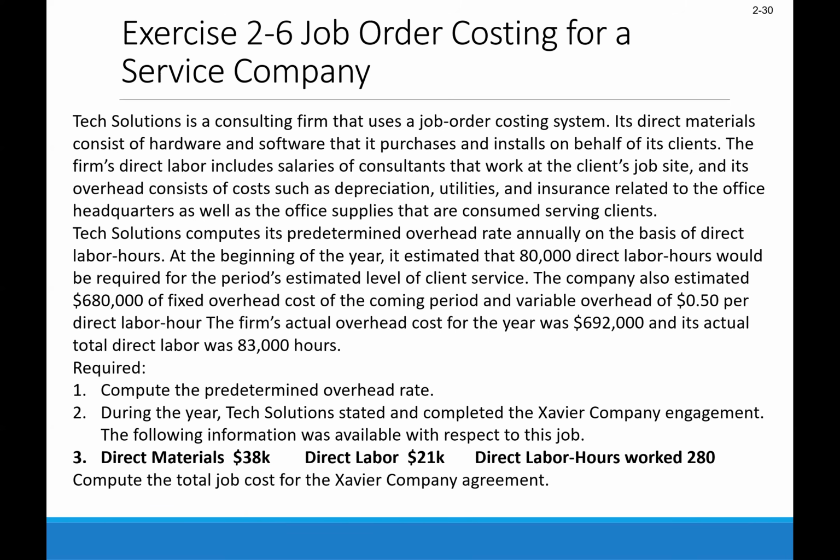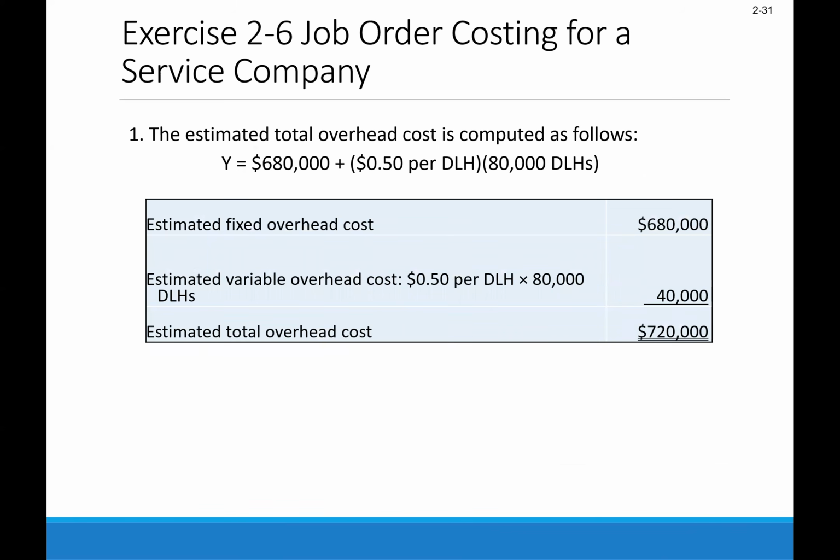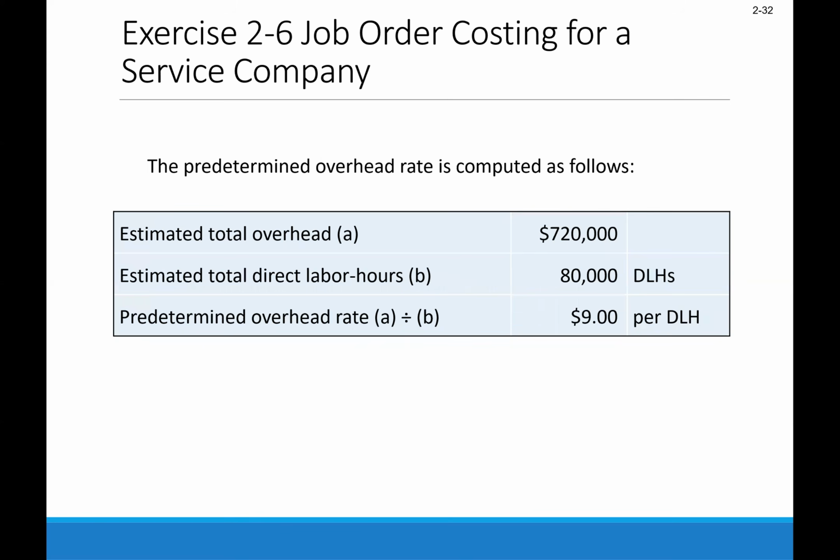Okay, so the predetermined overhead rate is estimated overhead divided by estimated direct labor hours. Estimated fixed overhead cost is $680,000. The estimated variable cost is 50 cents times 80,000 estimated direct labor hours, which is $40,000, for a total of $720,000.